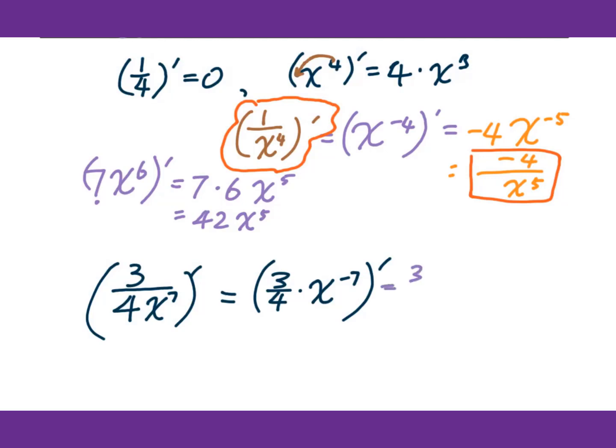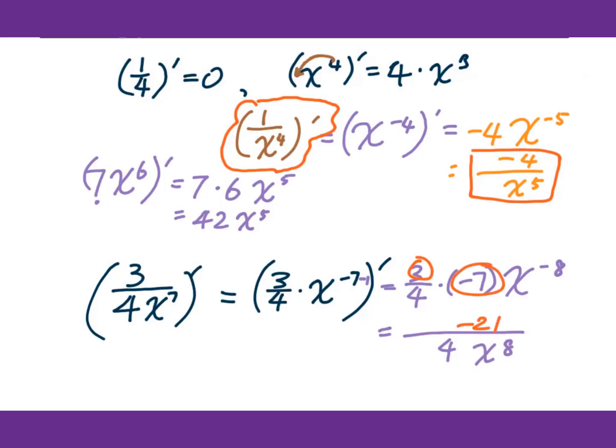Then we have 3 over 4 times negative 7 drop down, that's negative 7, then x to the negative 7 minus 1, which is negative 8. Remember, here is minus 1. Then we can organize. The denominator is 4 x to the 8th power. On top, 3 times negative 7, that is negative 21. So this will be the derivative of 3 over 4 x to the 7th power.